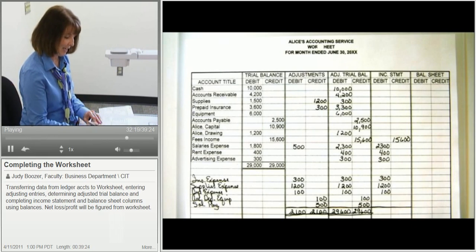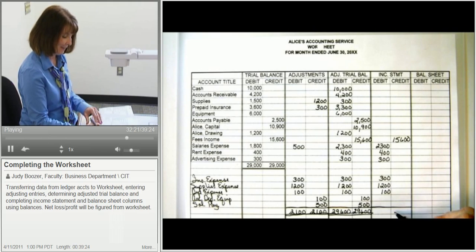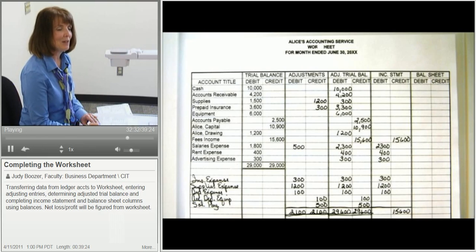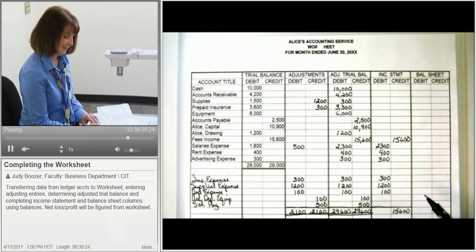The credit column's easy to add. We only have one amount in it. But the debit column is going to have a different amount. $4,600. Oh my, it doesn't agree.